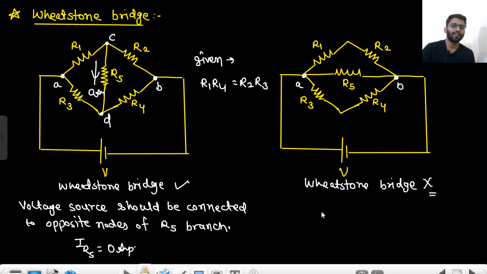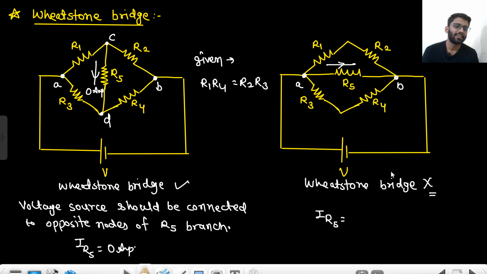Can someone tell me the current in the R5 branch? Try thinking about it. I am taking the direction to be this. Okay, the current is 0 here. I will simply write 0 ampere current. Now, can anyone tell me the value of current in R5? Think about it, you know it.